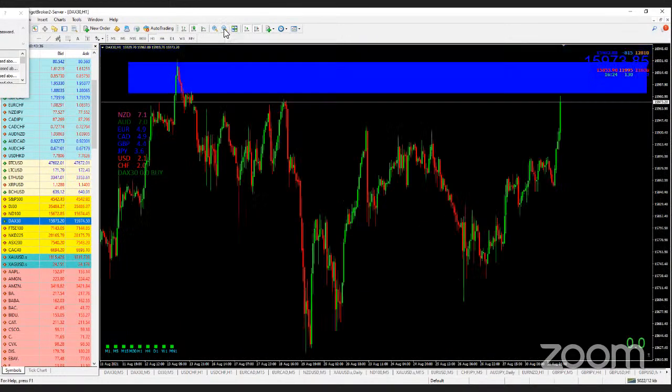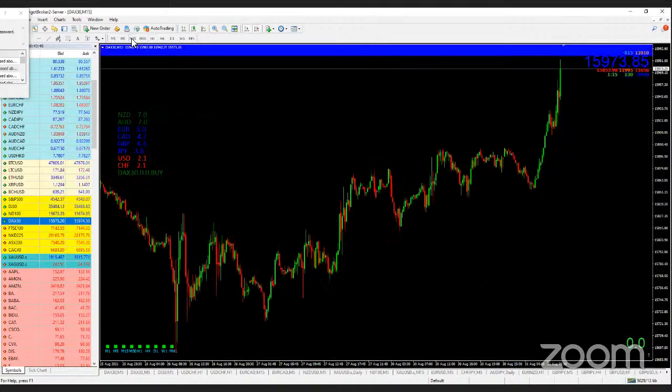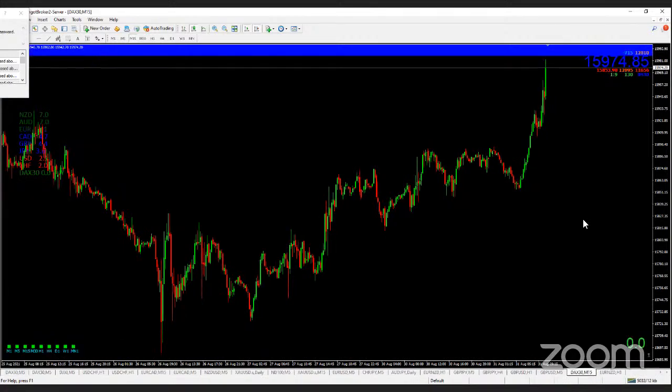Okay, to be quite honest with you, I won't be looking to get into this trade because it is coming up against resistance.